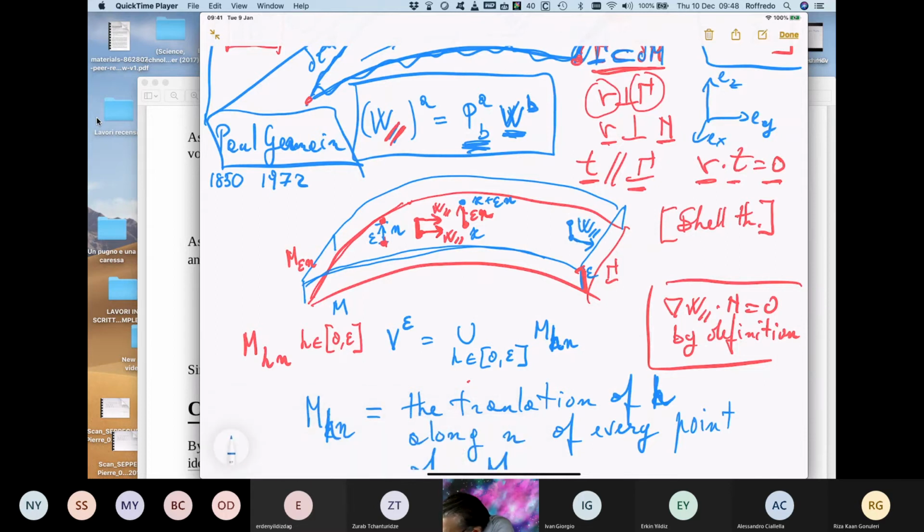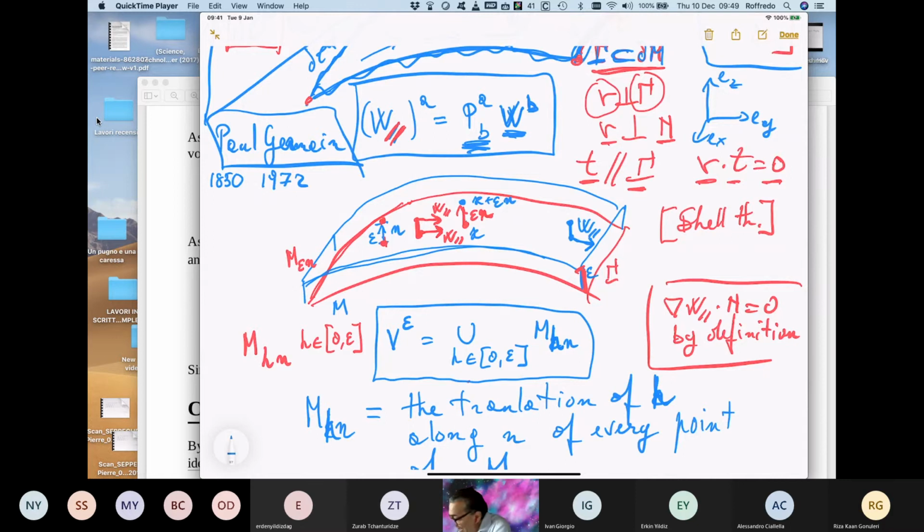So imagine I have W parallel, and in every point of this segment, I translate W parallel, and so I am extending the vector field parallel to M in the whole region V epsilon, which I'm defining as the union of these H translated surfaces, okay? And along each of these segments, W parallel is constant.